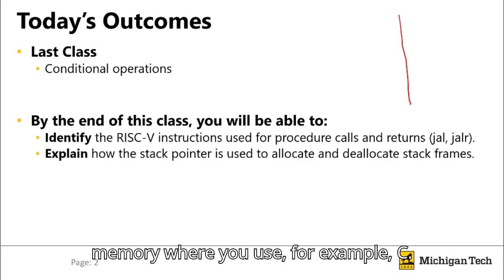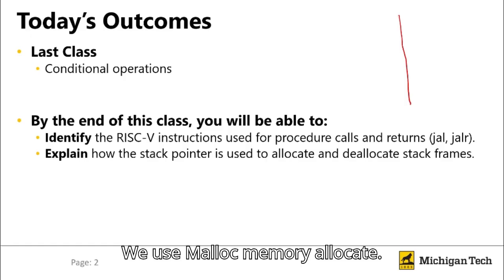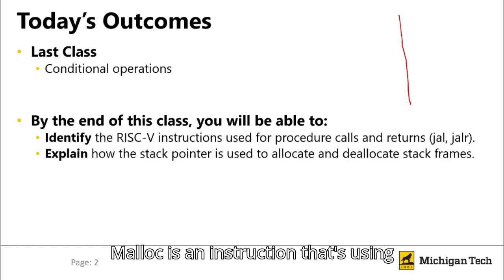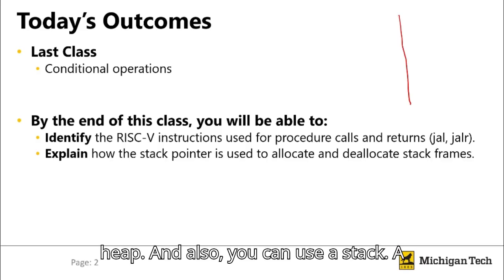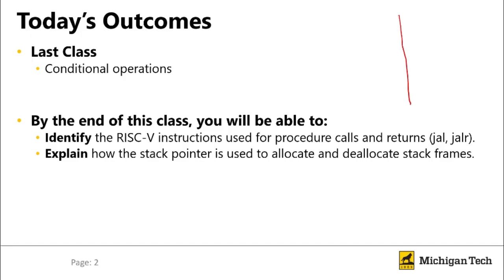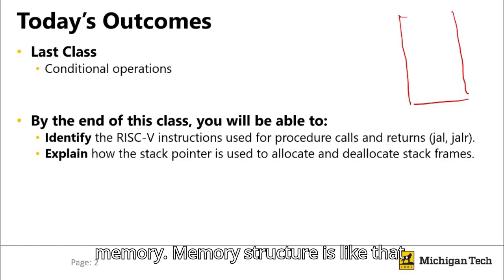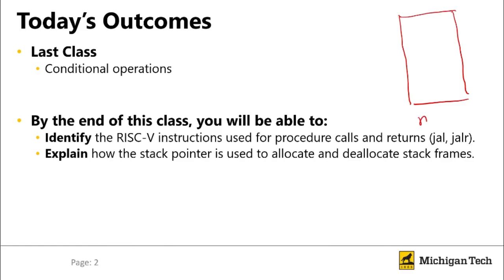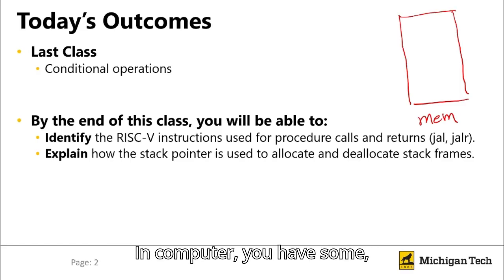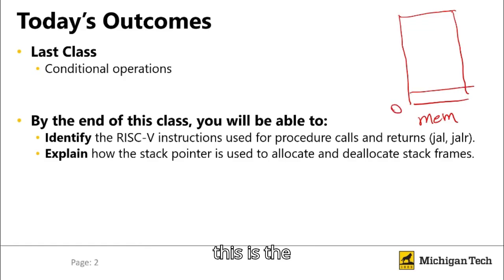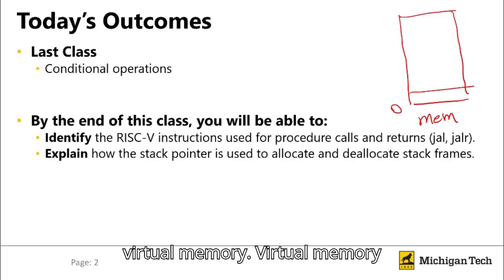When you use, for example, C++, when you malloc memory allocate, malloc is an instruction that's using heap. And also you can use a stack. A stack and heap are actually two parts of the memory. If you want to divide the memory, the structure is like that. In computer, you have virtual memory allocated to one process, not processor, process.